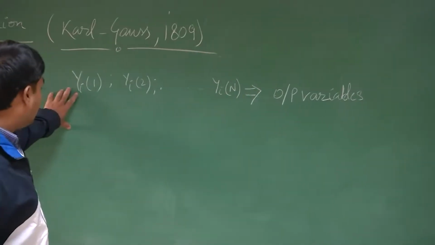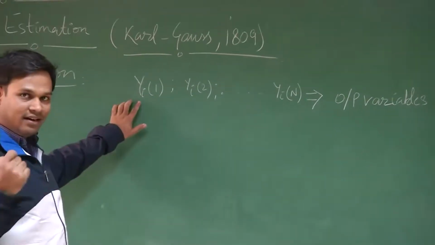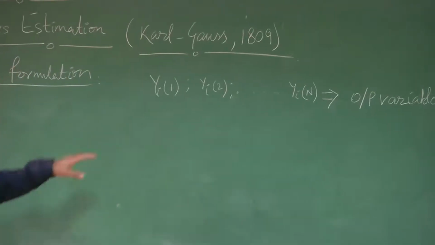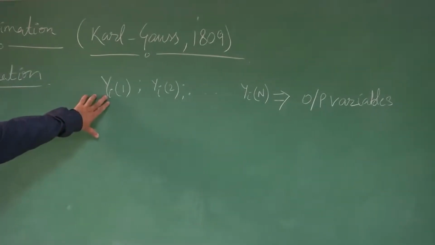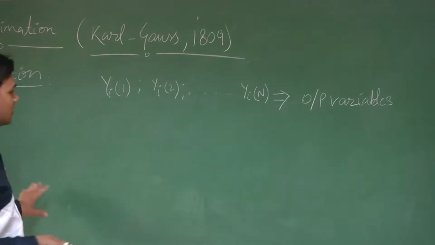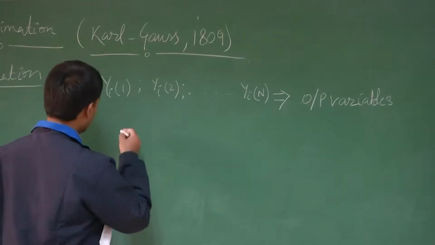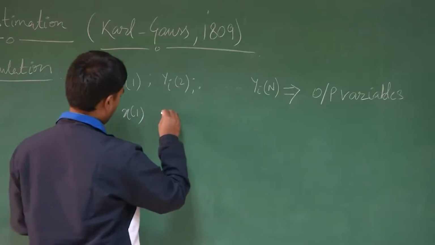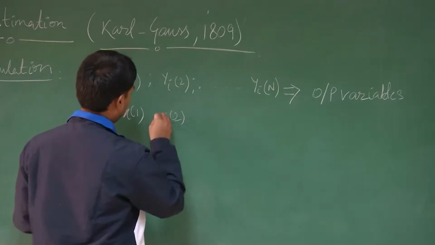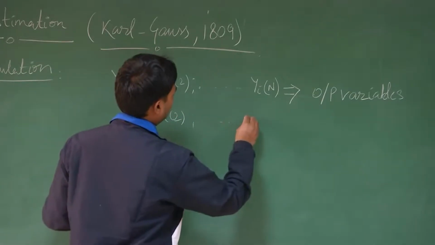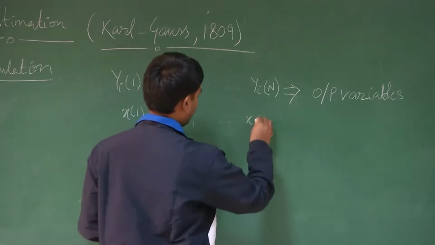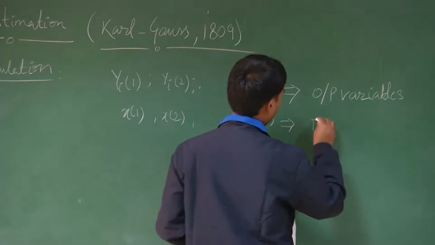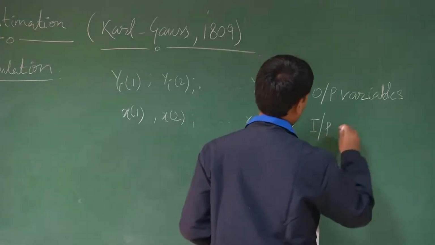I write y here because I'm assuming this is the ith output. Multiple outputs can also be possible, but I'm taking the ith output. Corresponding input variables you can write like x of 1, x of 2, and x of n. So these will be your input variables or independent variables.